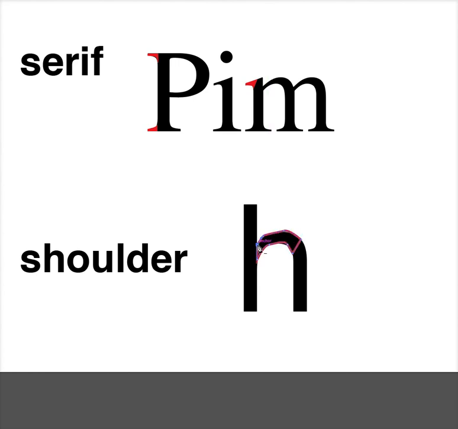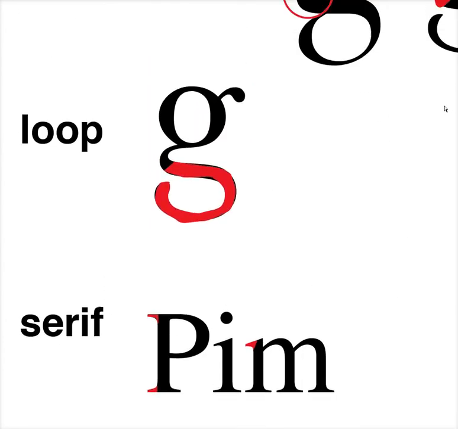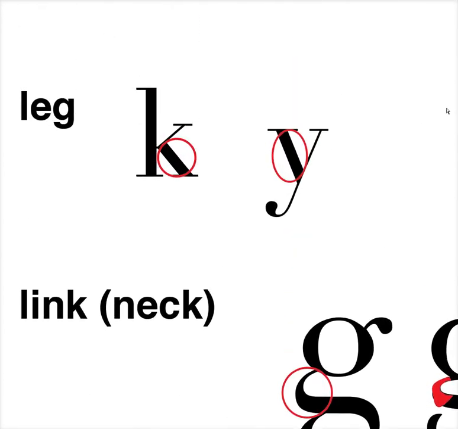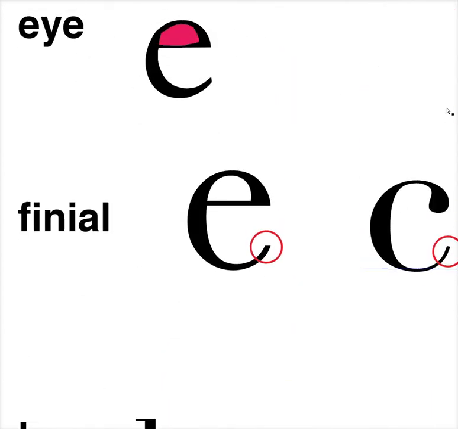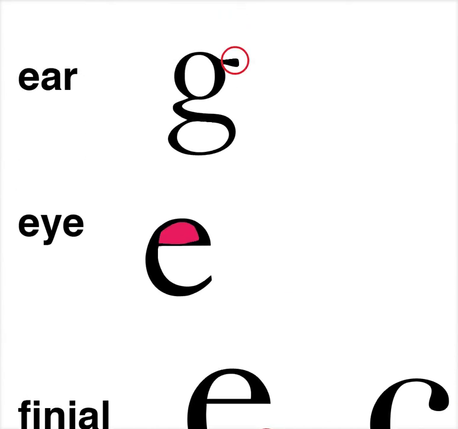Not sure that's the correct way to identify it, but definitely it is the shoulder where it makes the connections with the other anatomy pieces and identifies where the links are between the two straights, the leg and the stem itself. So here's a number of anatomy pieces for you to identify and recognize in the various letter forms that go across the different classifications.